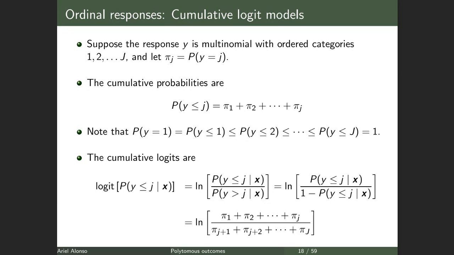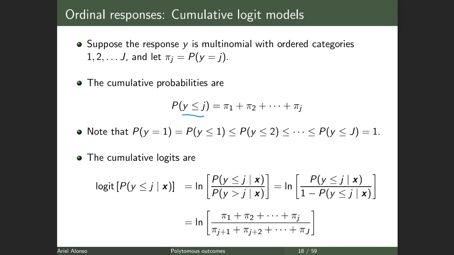Now, what are the cumulative logit models? Of the cumulative models in general, we're going to start with the logit. Well, the probability that the outcome will be smaller than or equal to j, what is that? That is the probability that the outcome is 1 or 2 or up to j, right?